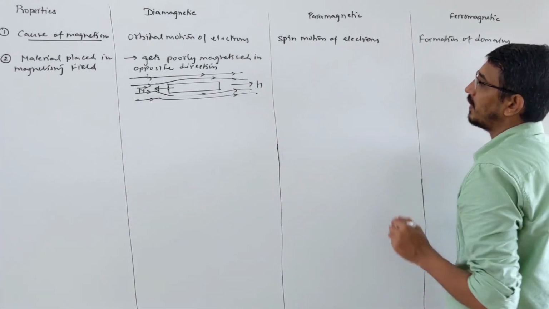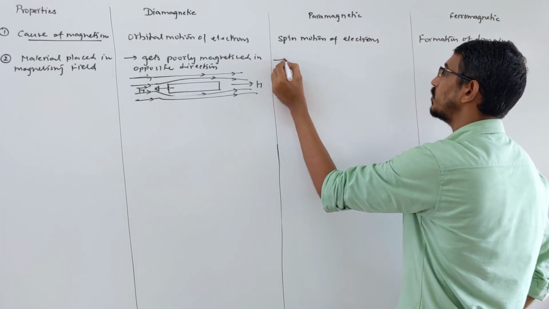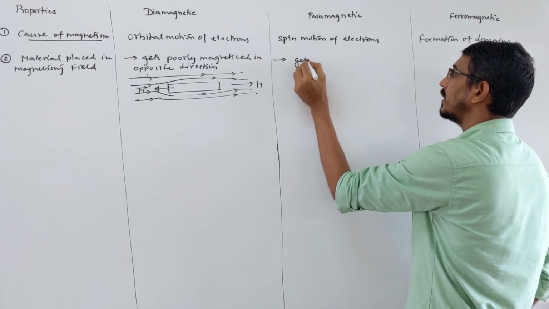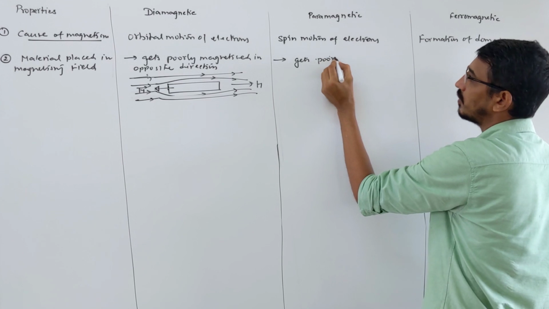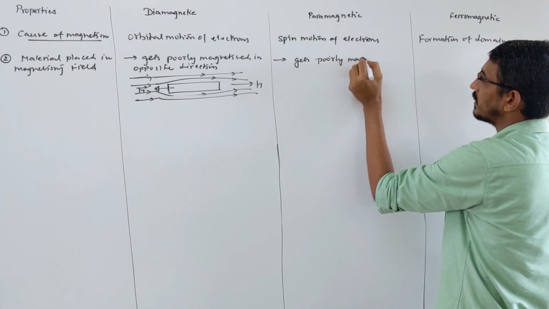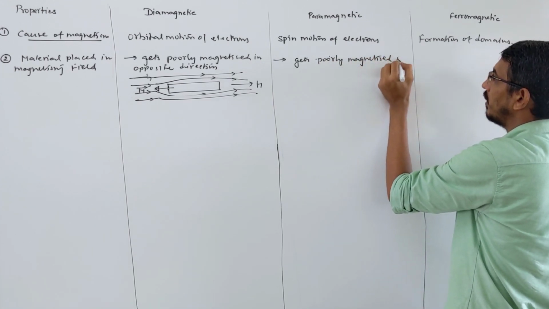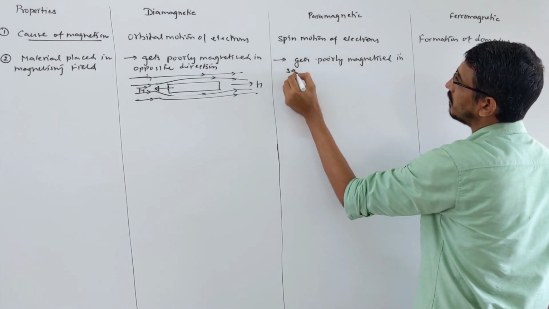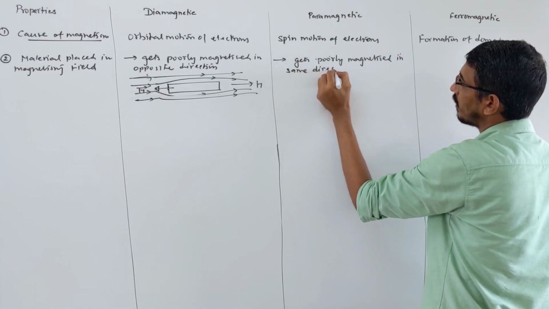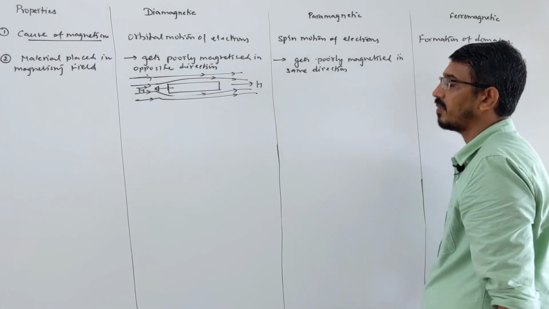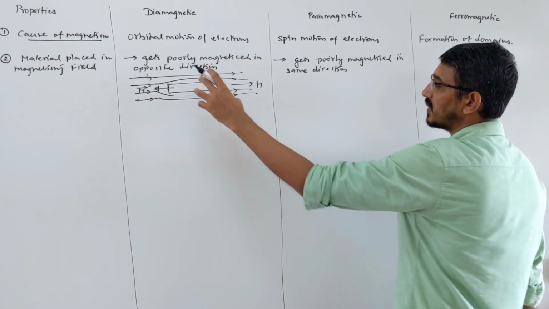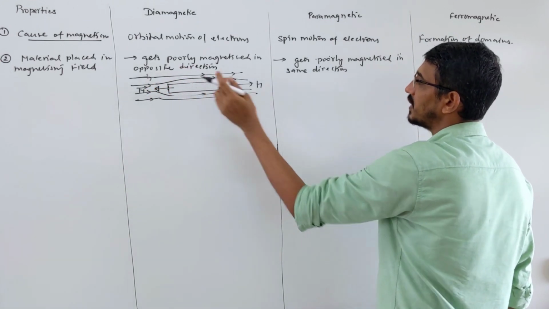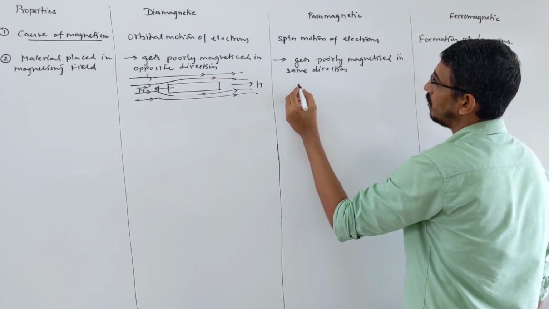Then what happens to paramagnetic material? This also gets poorly magnetized, but in the same direction. The direction of magnetization will be the same as the magnetizing field. This means the field lines will try to enter a little bit inside it.